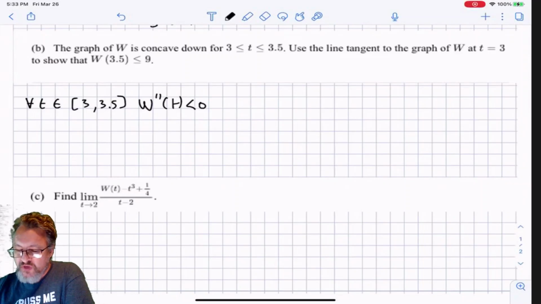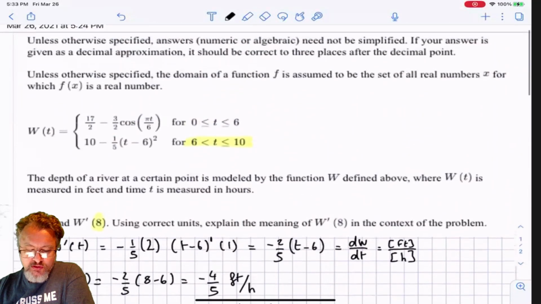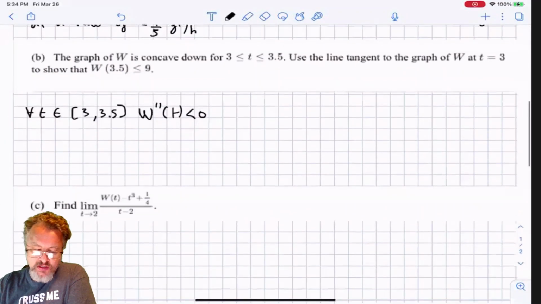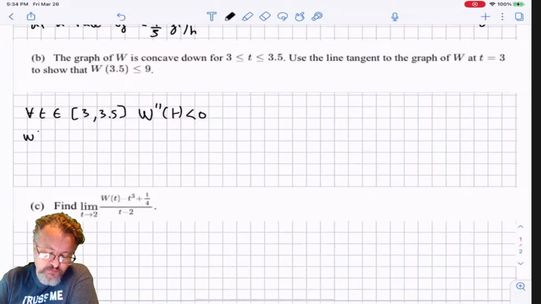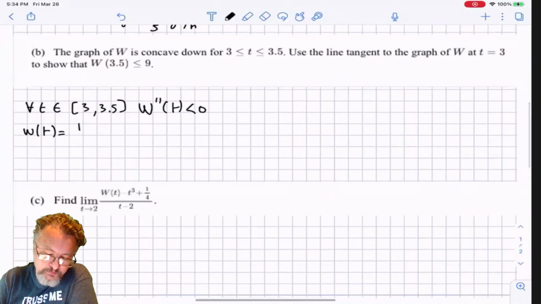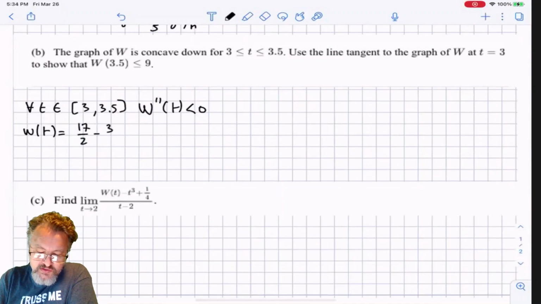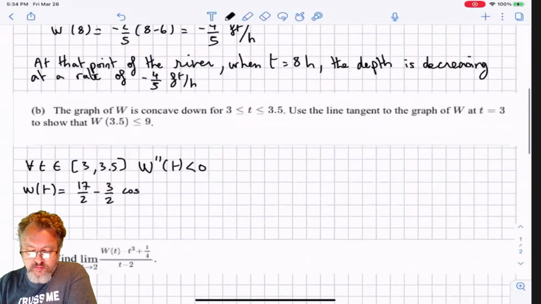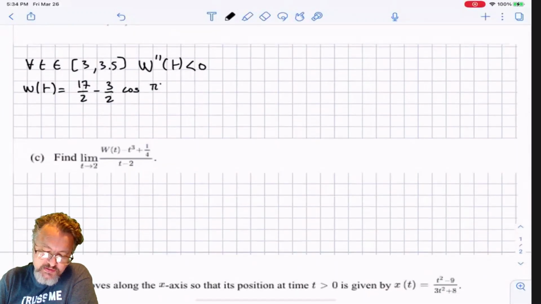So when t is equal to 3, the function we're going to use this time is 17 over 2 minus 3 over 2 cosine of pi t over 6. So W at t is equal to 17 over 2 minus 3 over 2 times cosine of pi t over 6.